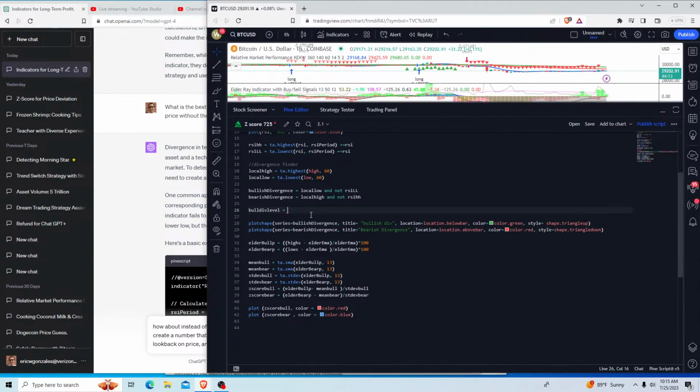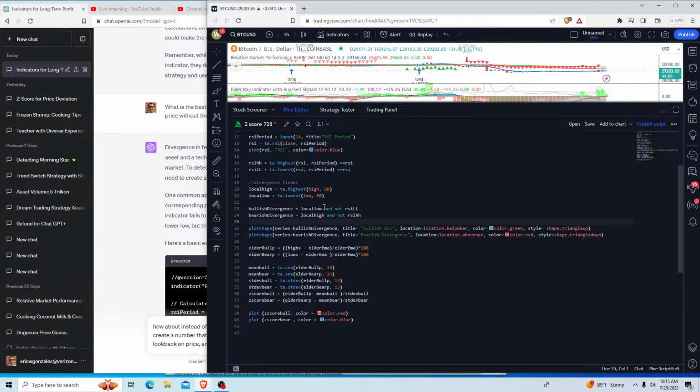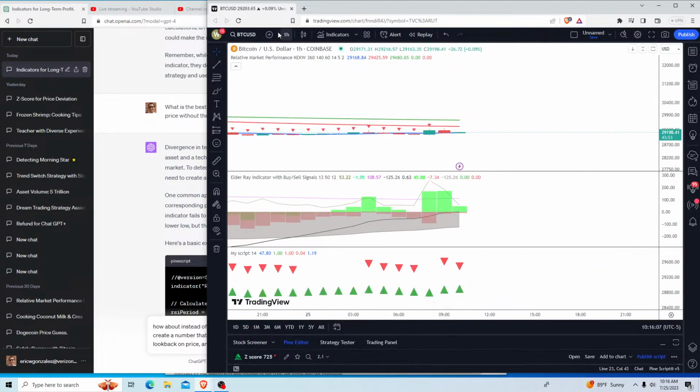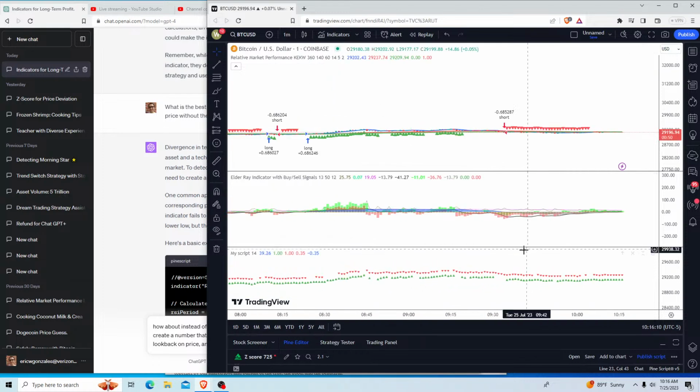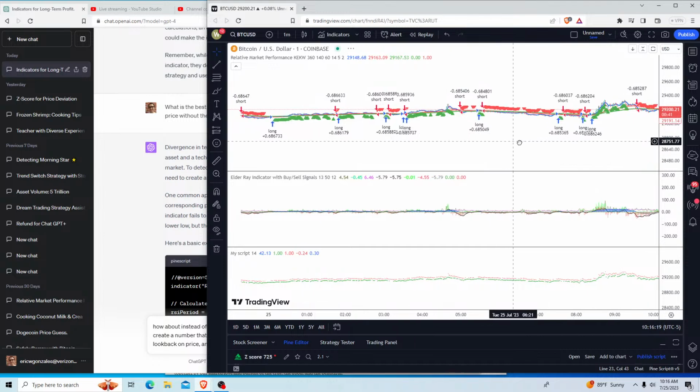I got this right here, and I'm pretty sure it incorrectly picks every single candle. Actually, no, it doesn't. Look, sometimes there's not bullish divs. Oh, that's interesting.